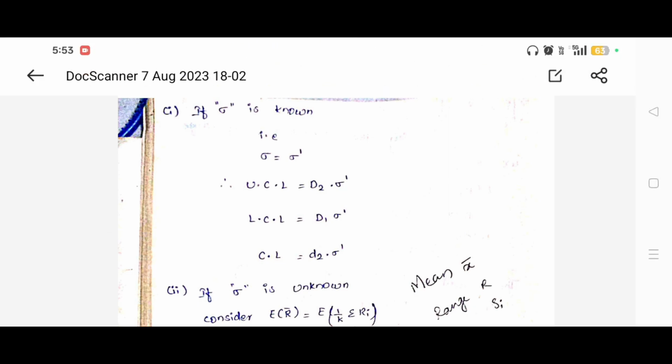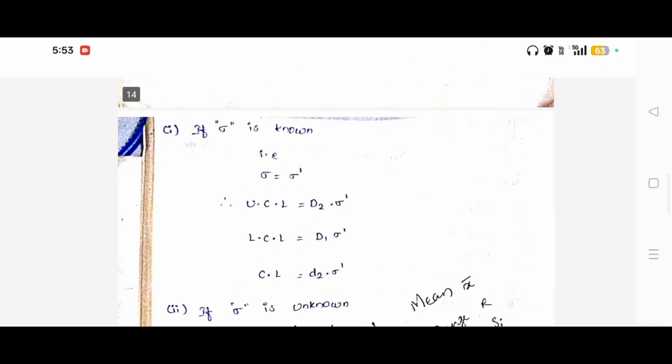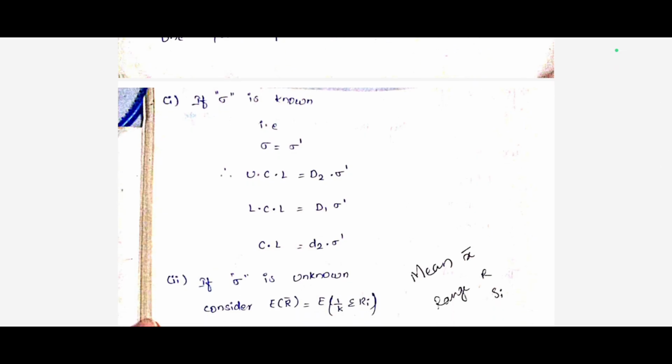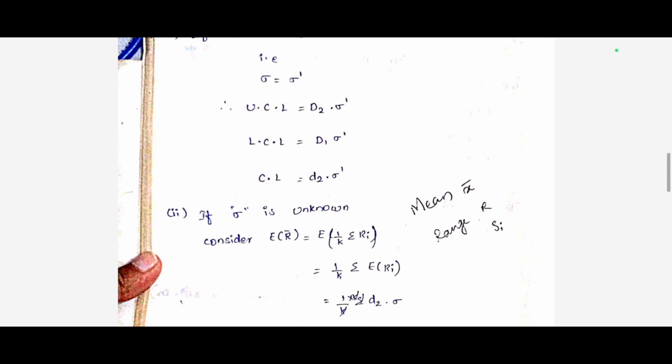The above control limits consist of one parameter, that is sigma. Case 1: if sigma is known, then it is replaced by sigma dash. So UCL will become D2 into sigma dash, LCL will become D1 into sigma dash, and CL is equal to d2 into sigma dash.